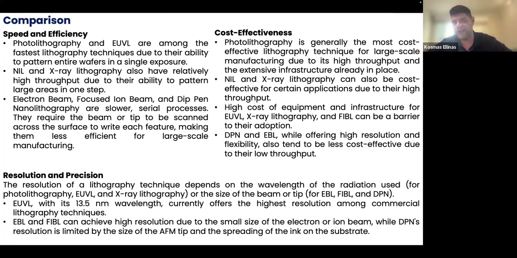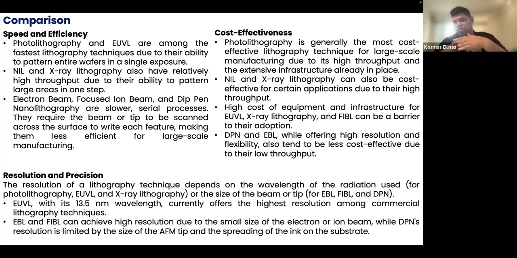Nano-imprint lithography and X-ray lithography are also fast, and they can also create large area patterns. Electron beam, focused ion beam, and dip pen are slower. They have much better resolution, and they are used mostly for prototyping rather than for production.